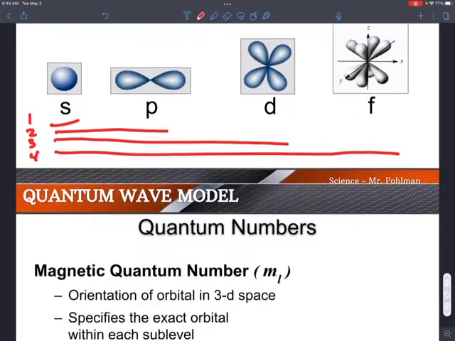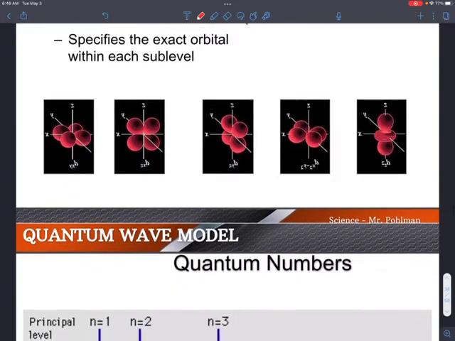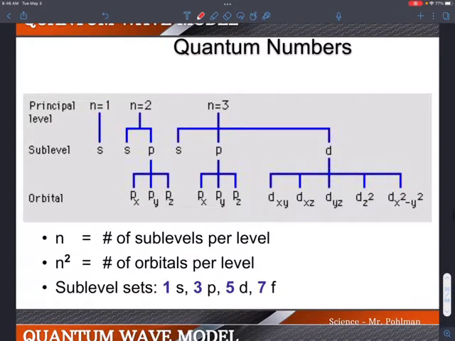All right. We have our magnetic quantum numbers, and this is that orientation in space. Now the nice thing is you're not going to have to worry about these D orbitals here. If you just think of it as the px, the py, and the pz, that'll help out a lot. The quantum numbers, when we're filling in these electrons, not everything is going to go right perfectly in line. You're going to get energy levels like this right here.